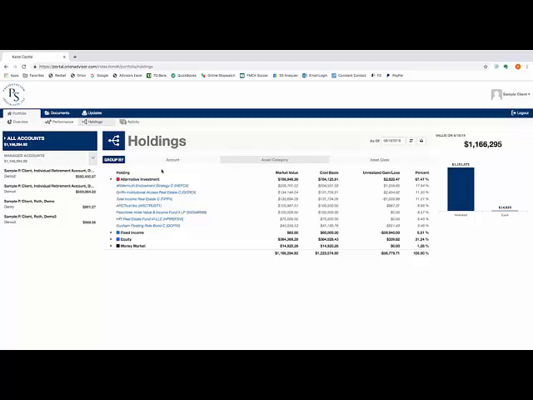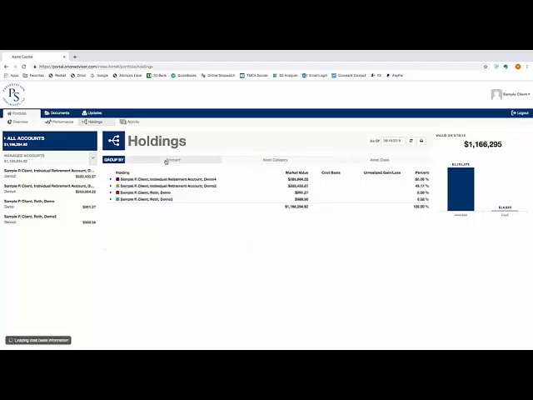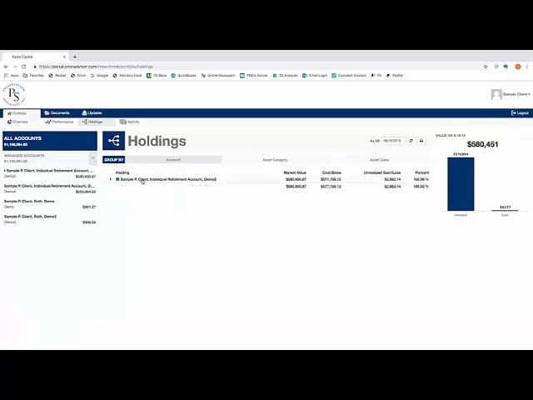Now, since we're talking about holdings, you might say, well, I'd be actually more interested in seeing that by account. So here, we can click here on account, and then I think what we could also do is click on one of the accounts over here as well. Yeah, so that's going to give you the same information. So it's just two different places to see the same materials. And now I'm still in holdings, so I click on this little arrow, and I see what I hold in my account.